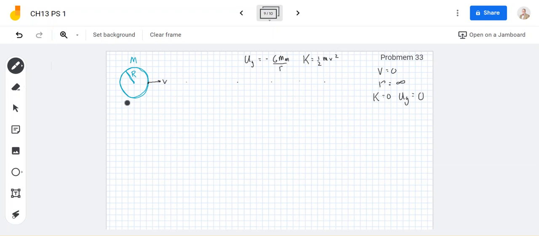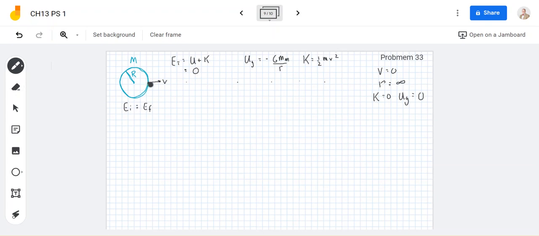And what that means is that the E total, which is equal to U plus K, is equal to 0. How does that manifest down here? Well, we know that E initial has to be equal to E final.